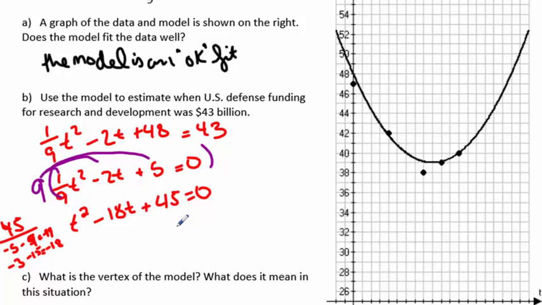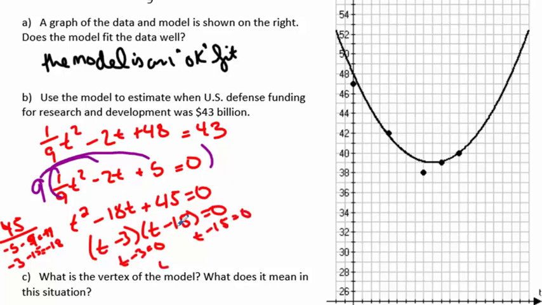So this is going to factor into t minus 3 and t minus 15 equals 0. If I solve each of these equations, t minus 3 equals 0 and t minus 15 equals 0, that'll give me t equals 3 and t equals 15.